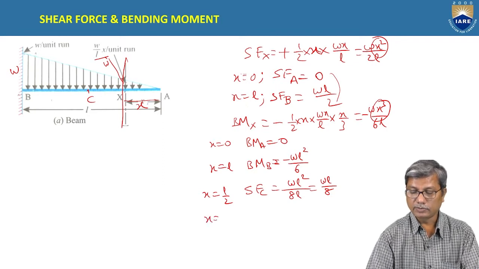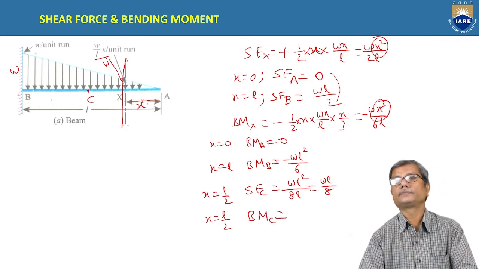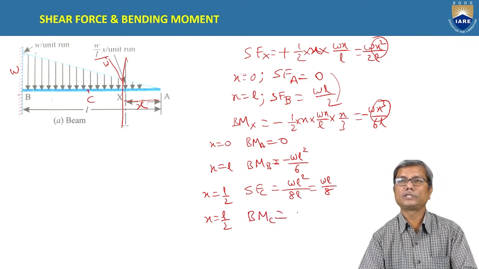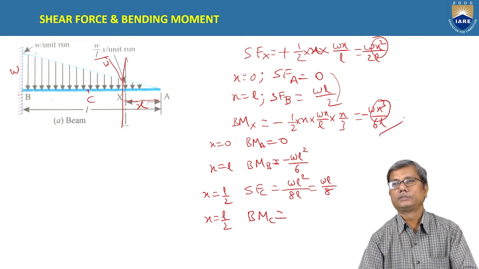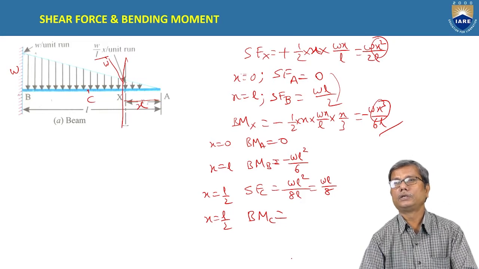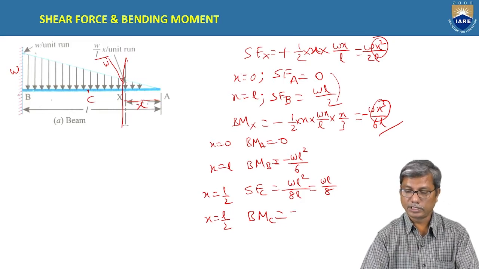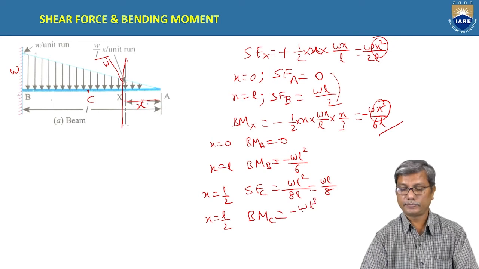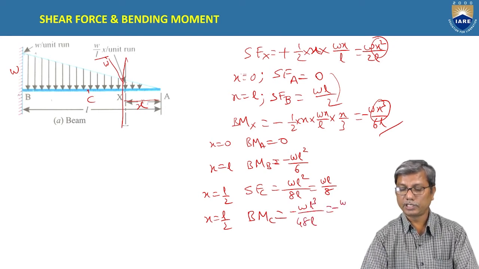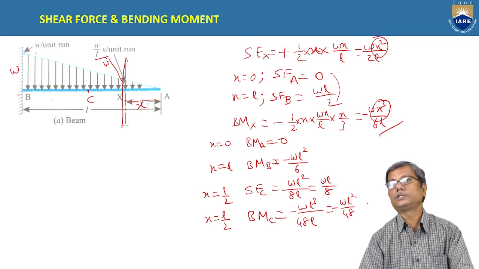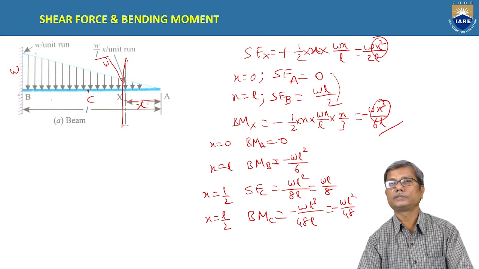Similarly, at x equal to L by 2, what is the bending moment at C? Substituting x equal to L by 2, we have minus WL cube by 48L, so you will have minus WL square by 48.